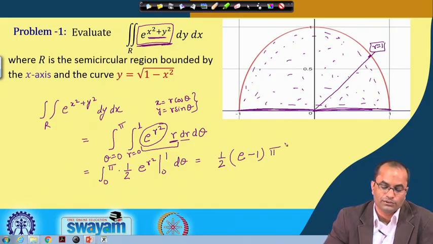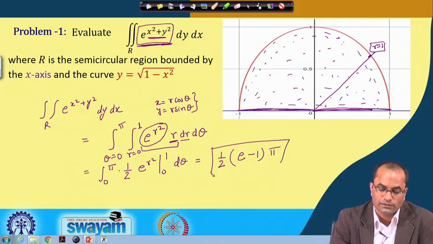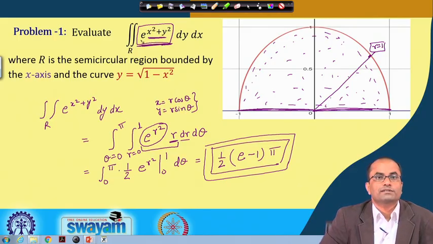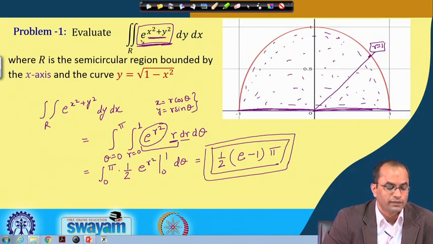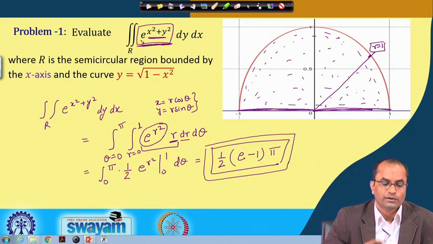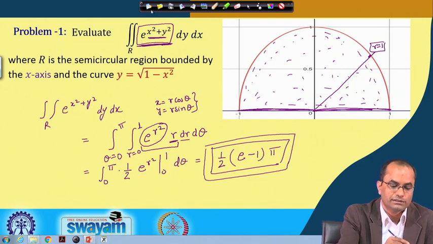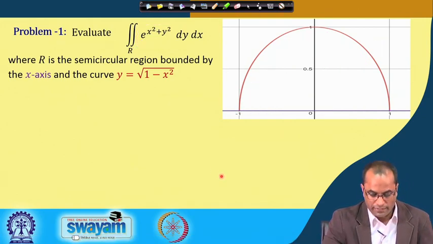So, it will be pi by 2 times e minus 1, that is the value of the integral, which was e power x square plus y square dy dx. So, again using this polar coordinate, it is much simpler to evaluate this.